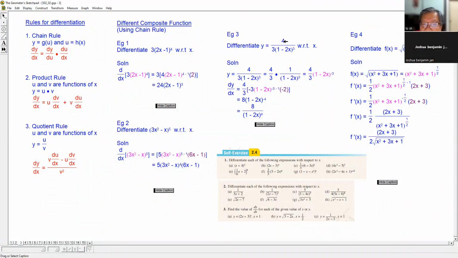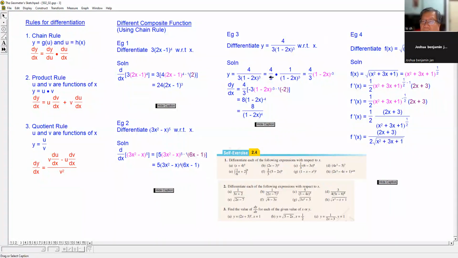You see, this is 4/3, so outside is 4/3. This 3 doesn't belong to the bracket. So when you bring the thing to the top, the 3 doesn't go to the top. The 3 is a number. It remains at the bottom. See that? 4/3.